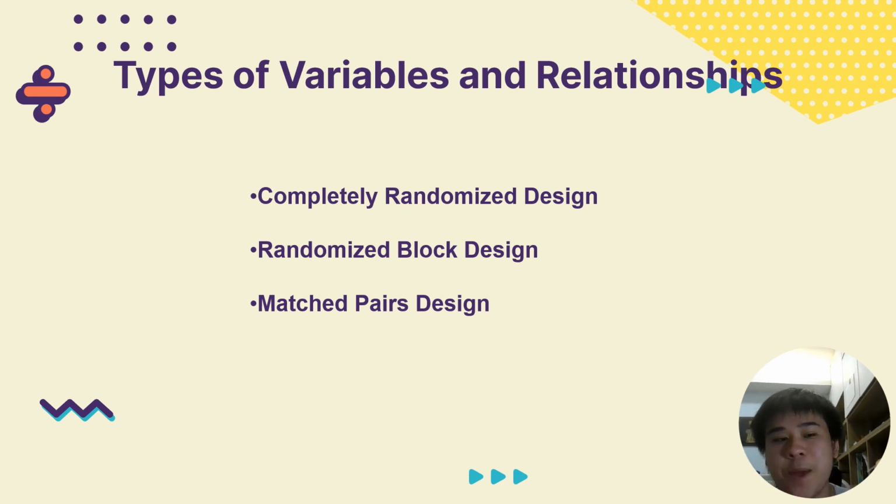Last but not least, matched pairs design is basically each subject receives both treatments in a random order. That's really important. It's in a random order. You need to mention that on the test. Random order, or pairs of similar subjects receive different treatments. So overall, the concept of random is really, really important. That's how you decipher the difference between these three designs.